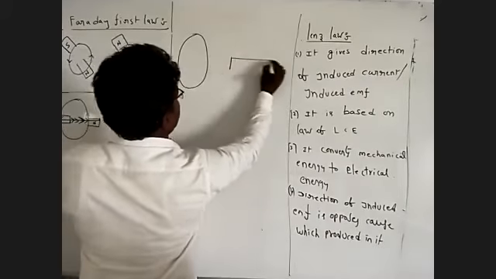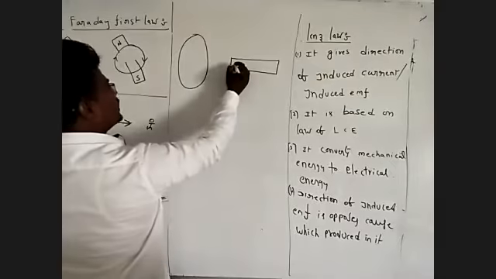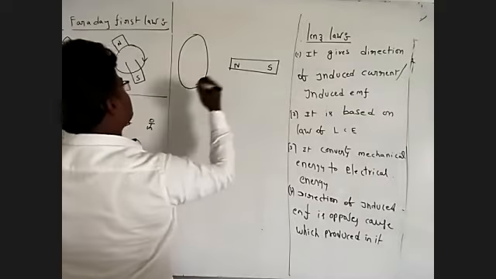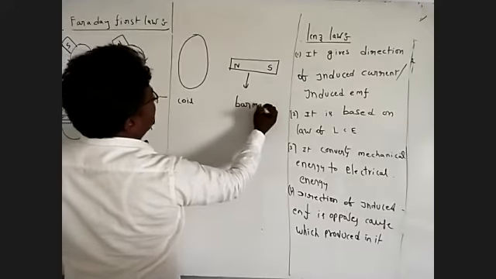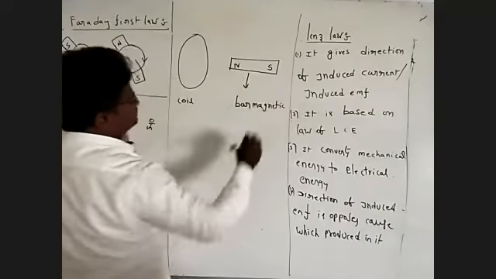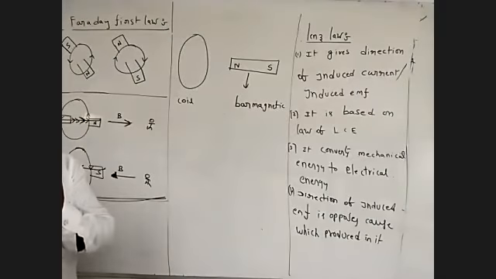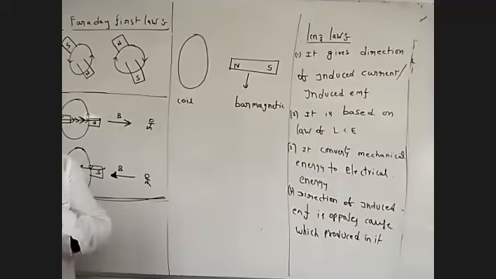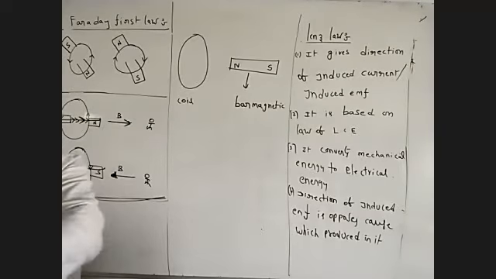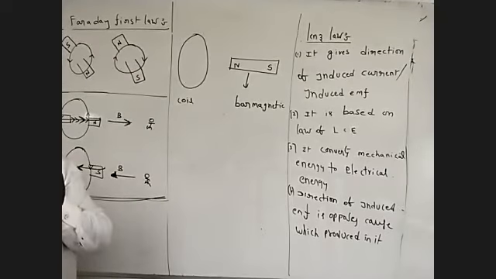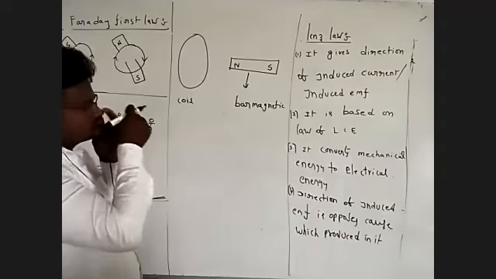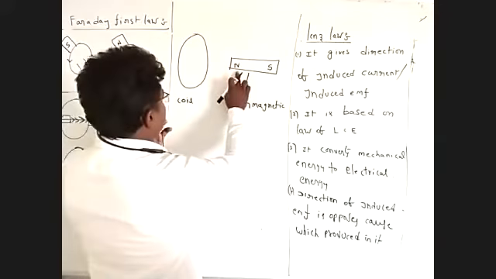You see here, this is a copper coil. This is a bar magnet. This is the north pole of the bar magnet and the south pole of the bar magnet.